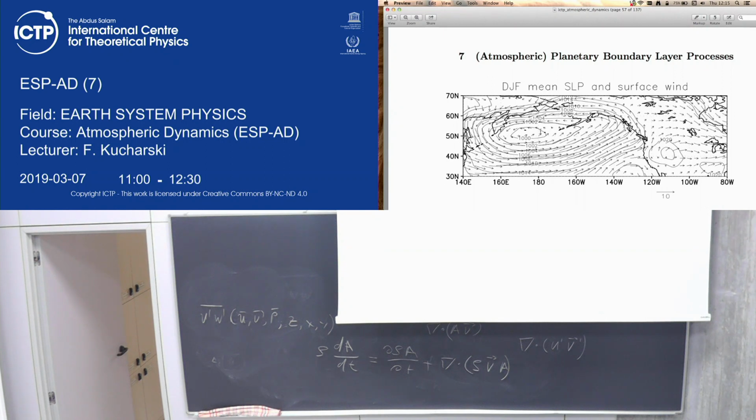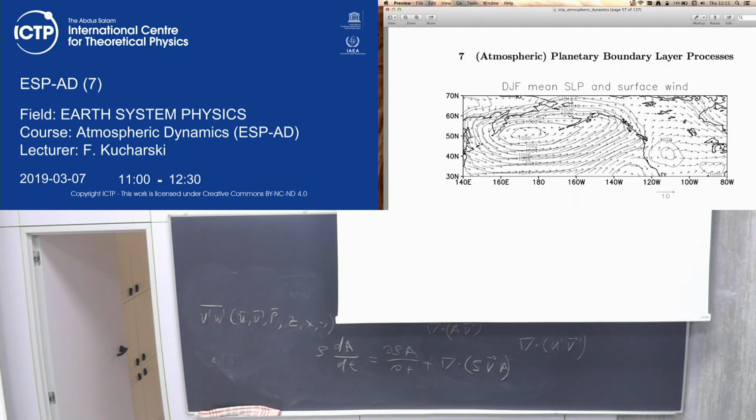So vertical velocity is very important for us to understand where we may get rainfall responses, for example, remotely to an El Niño event. Because if we know vertical velocity, we may estimate regions where we get lifting and therefore rainfall, or we get sinking motion and therefore lack of rainfall.